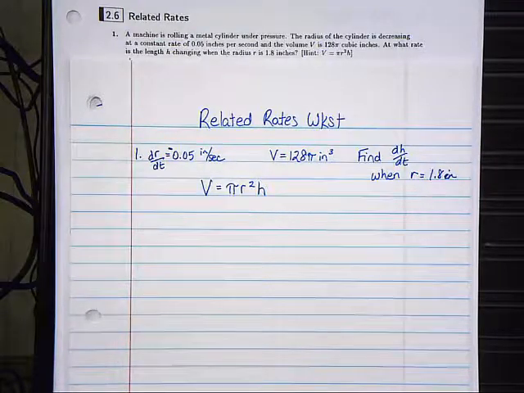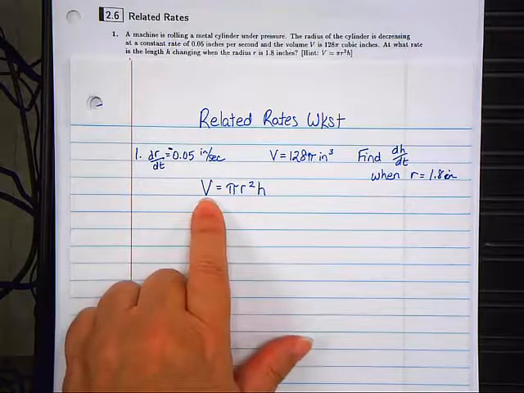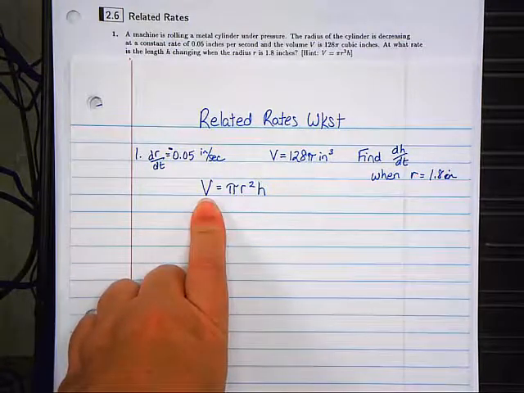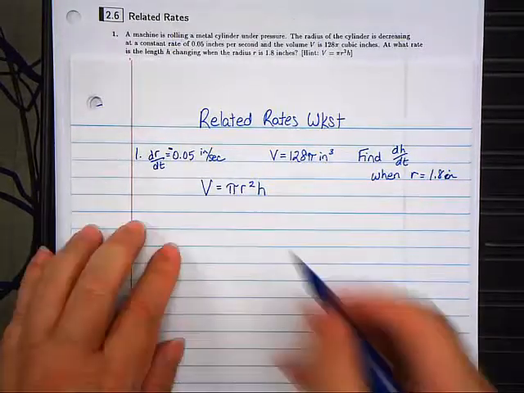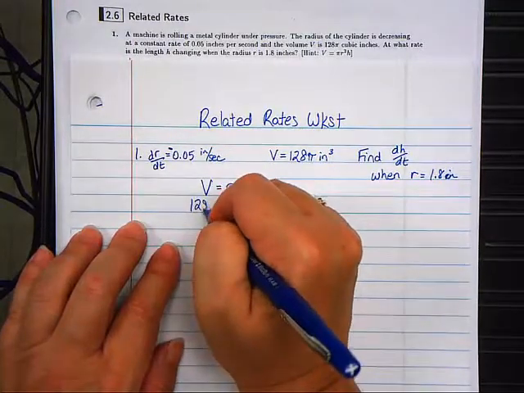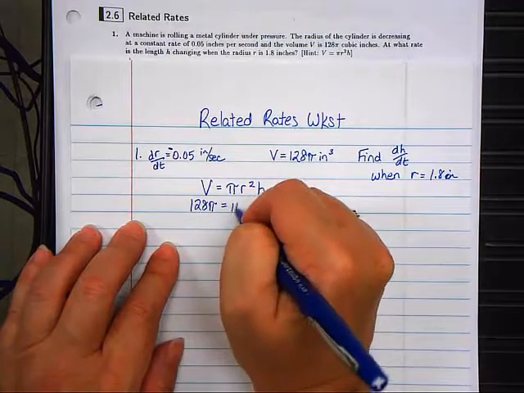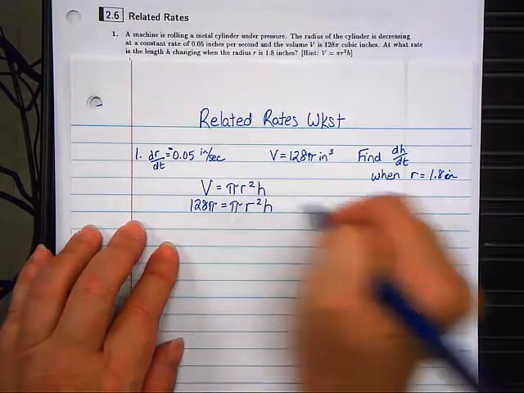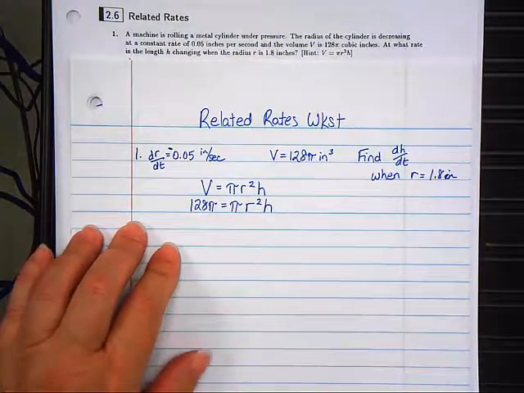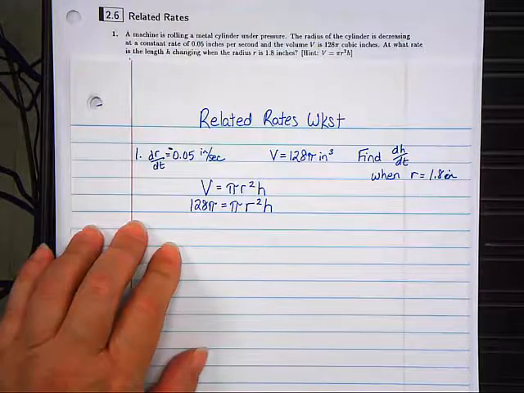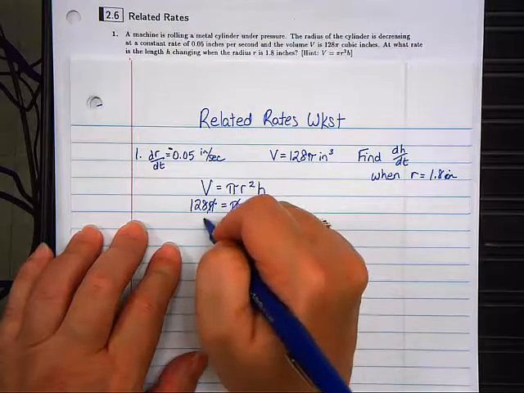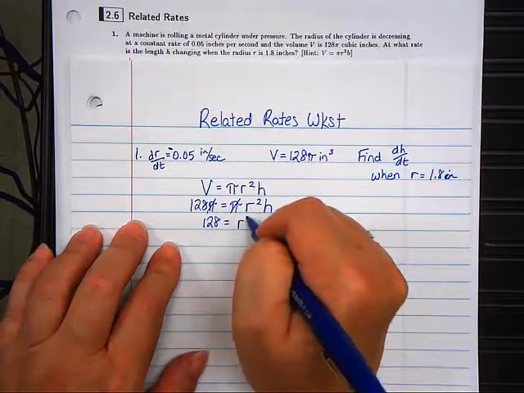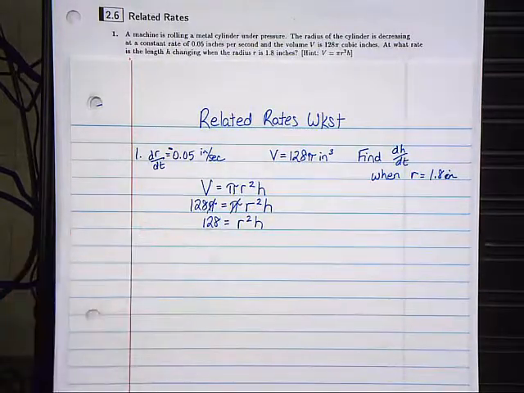There's two ways you can do this. Since I already know what number v is, and it's constant, can I plug it in right now? Yeah, why don't we do that? So this is 128 pi equals pi r squared h. This is going to make my life a whole lot simpler, because what happens to the pi's? They cancel. So now I have 128 equals r squared h, and I need to take the derivative of that.